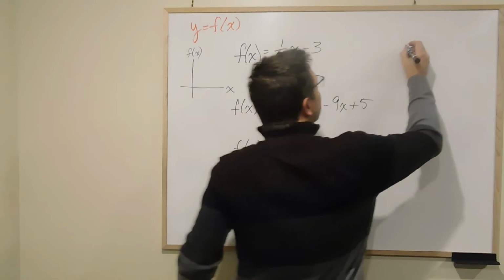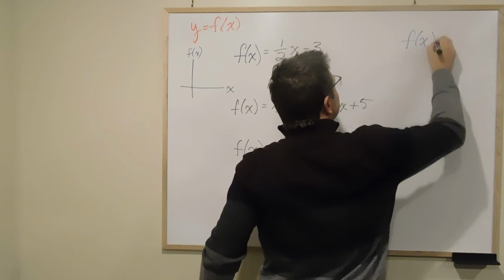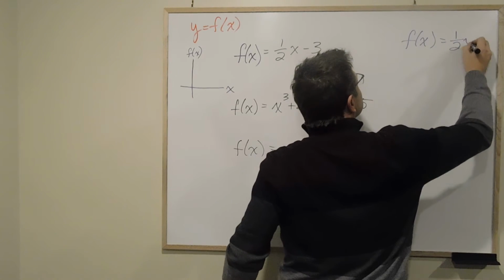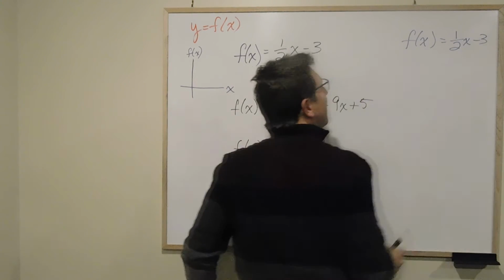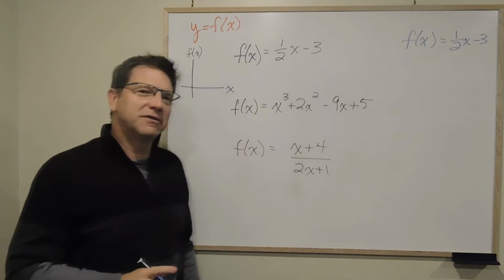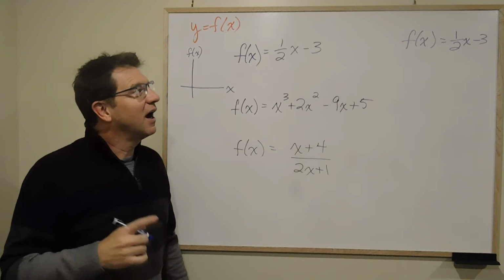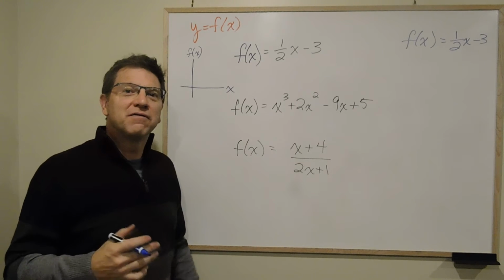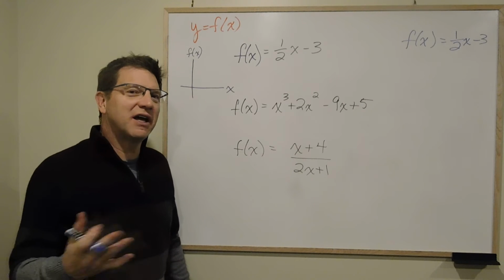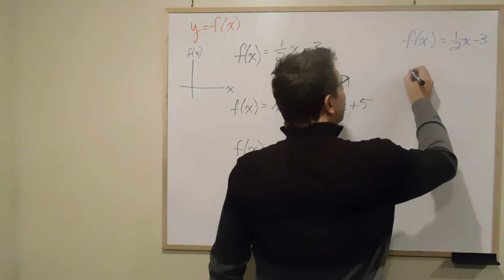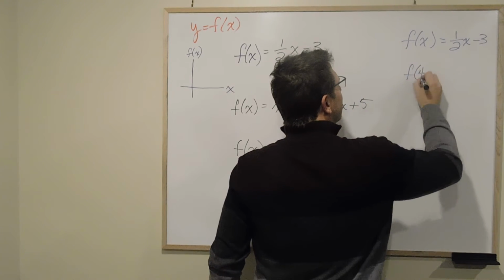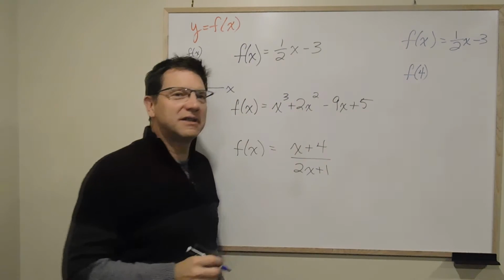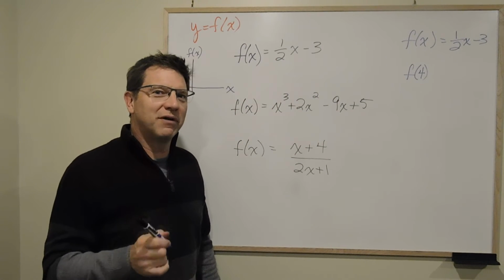If I write f of x equals 1/2 x minus 3, and I'd like to substitute for x, I don't have to say, I would like you to substitute 4 in for x. Instead of saying all that, I can write f of 4, and what that means is I would like you to substitute 4 in for x.